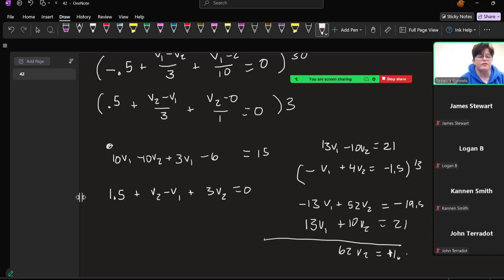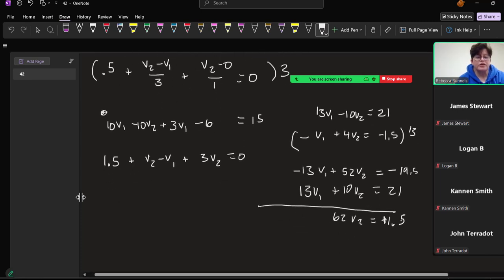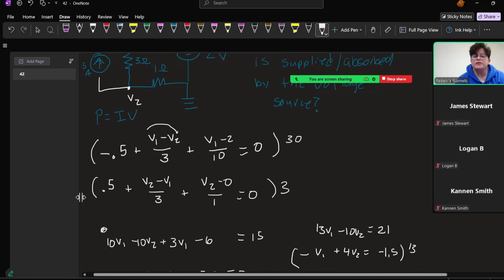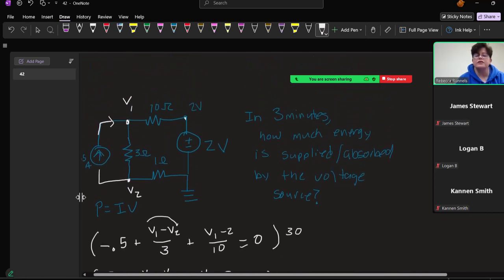And I get the answer that I would get from having made up this question, a very ridiculous voltage: 1.5 divided by 62 is 0.024 volts. All right, so V2 is 0.024 volts.